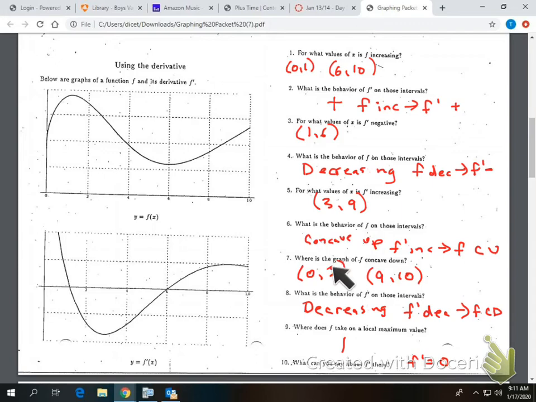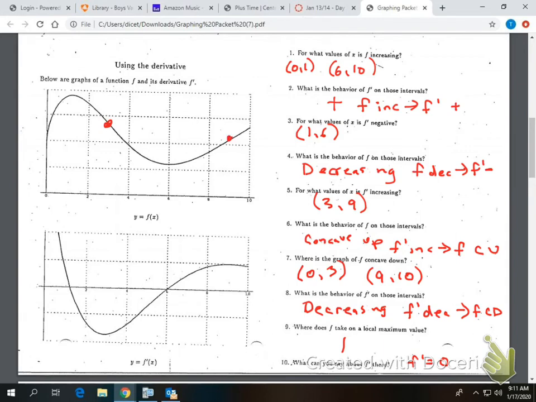It was concave up from 3 to 9, and it was concave down from 0 to 3 and from 9 to 10. So my points of inflection are where? At 3 and 9. Look at F. Can you see the points of inflection? Does that look like at 3 and 9? Okay, look right here and right here.